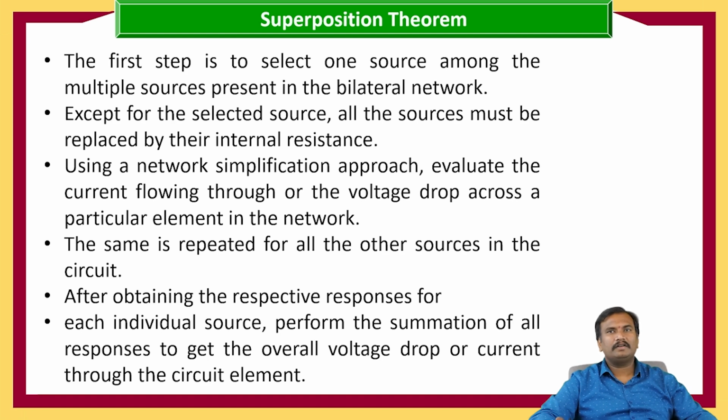The same is repeated for all other sources in the circuit. After obtaining all the responses for individual sources, we need to add the responses to get the overall voltage drop or current through the element.